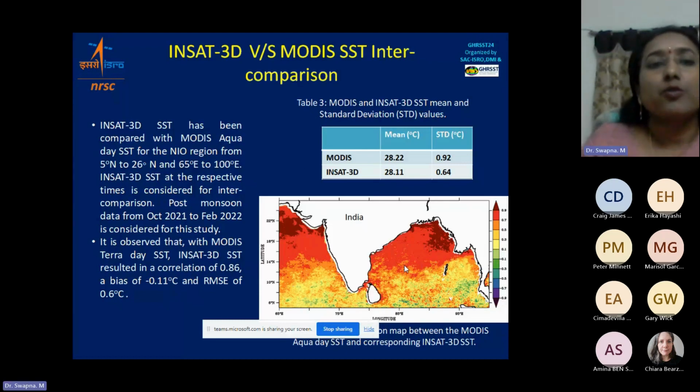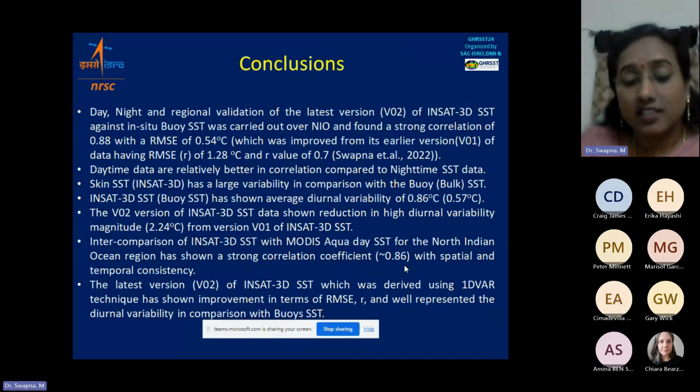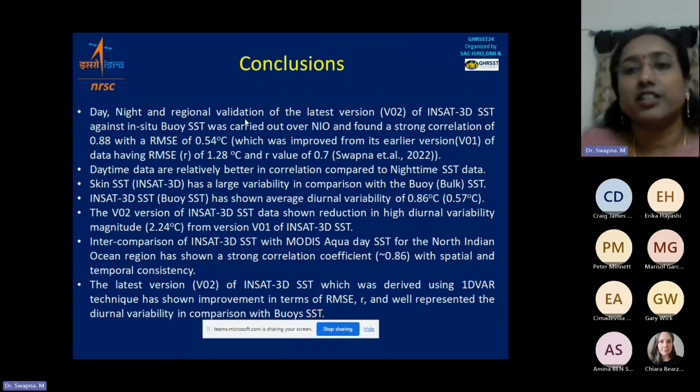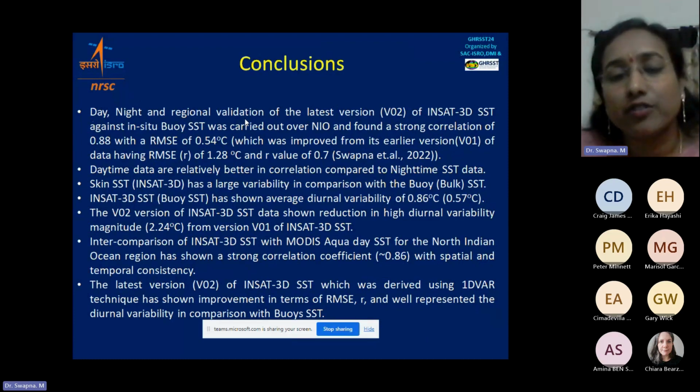To conclude my talk, I have taken the latest version of INSAT-3D SST and assessed the day, night, and regional SST with respect to the buoy SST over the North Indian Ocean, and found a very strong correlation of 0.88 with an RMSE of 0.54.